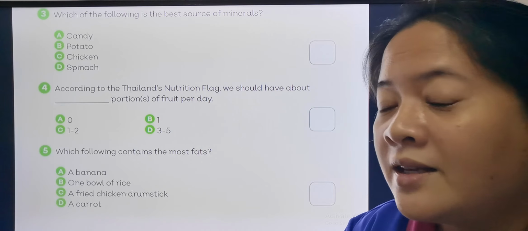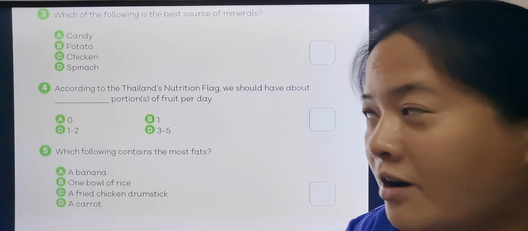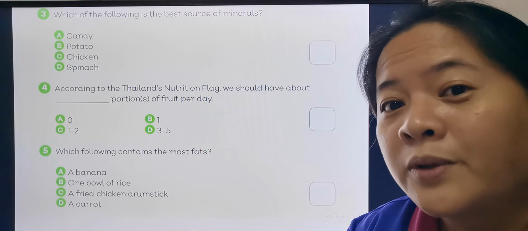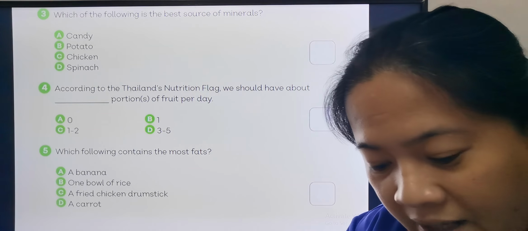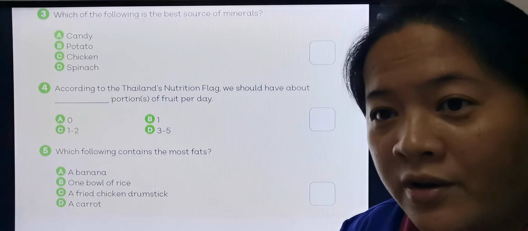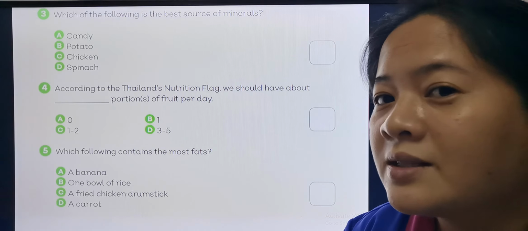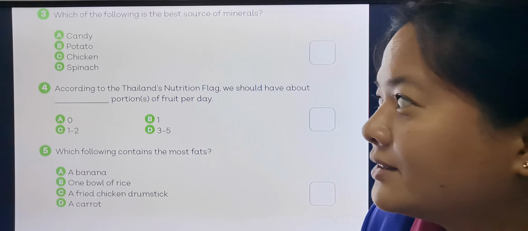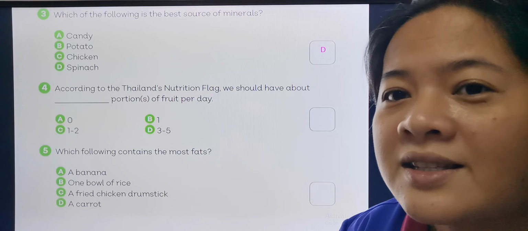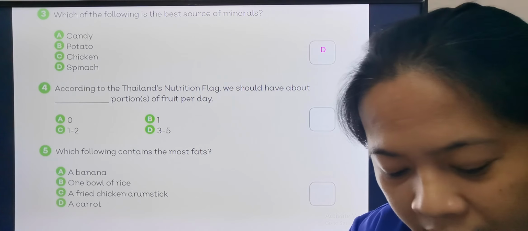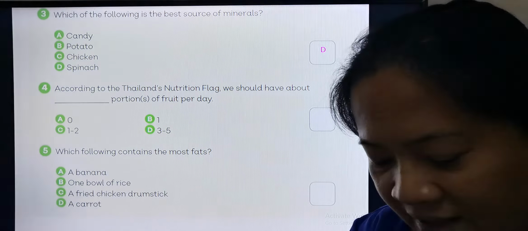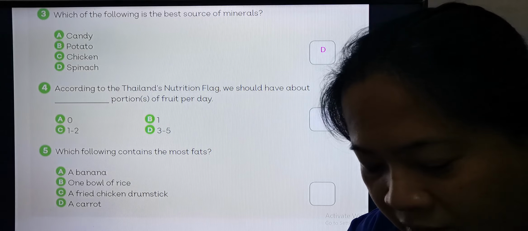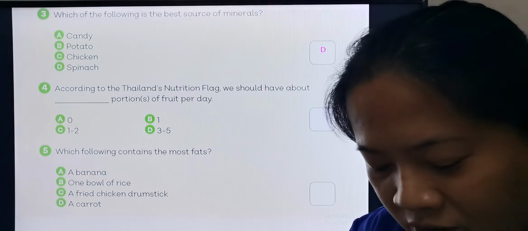Candy has sugar, potato has starch, chicken has protein, okay? And then letter D, spinach. The question is the best source. So it means letter D, spinach.